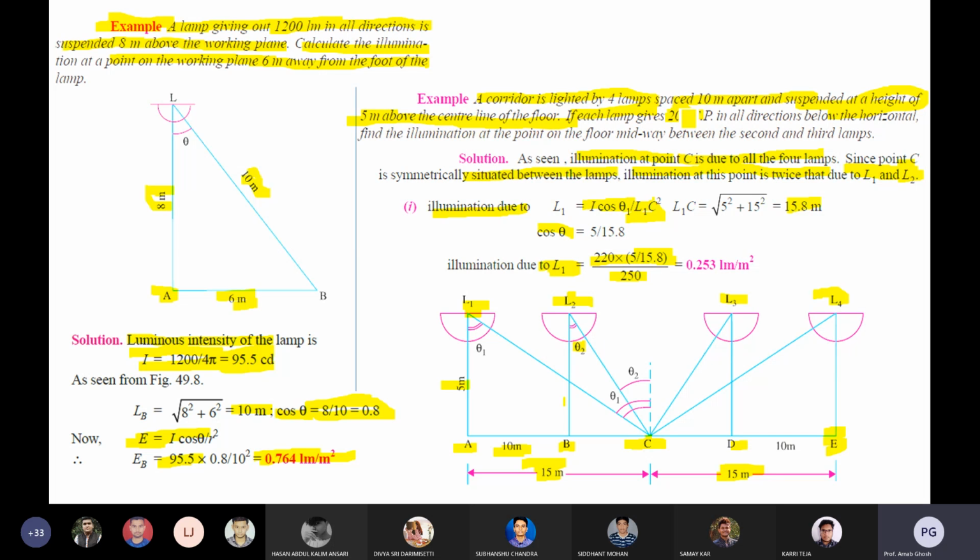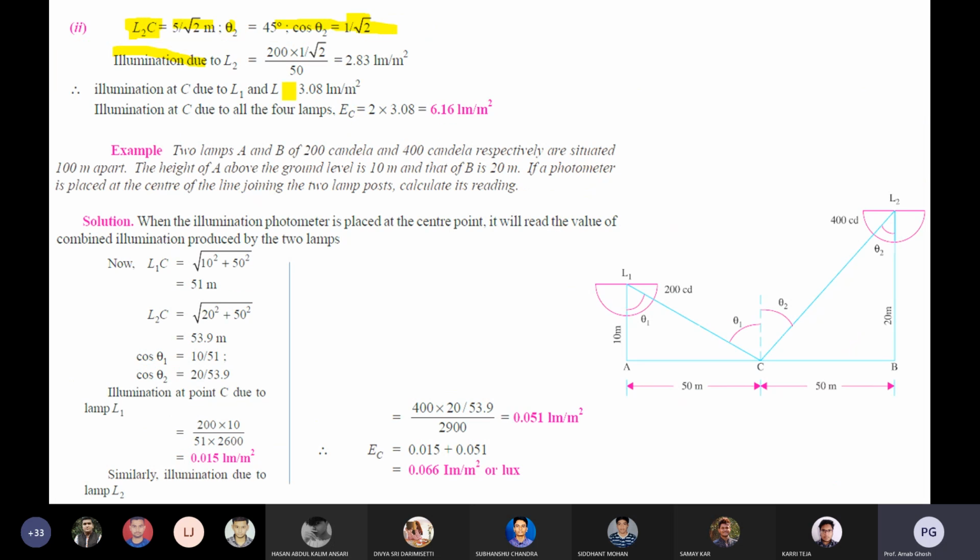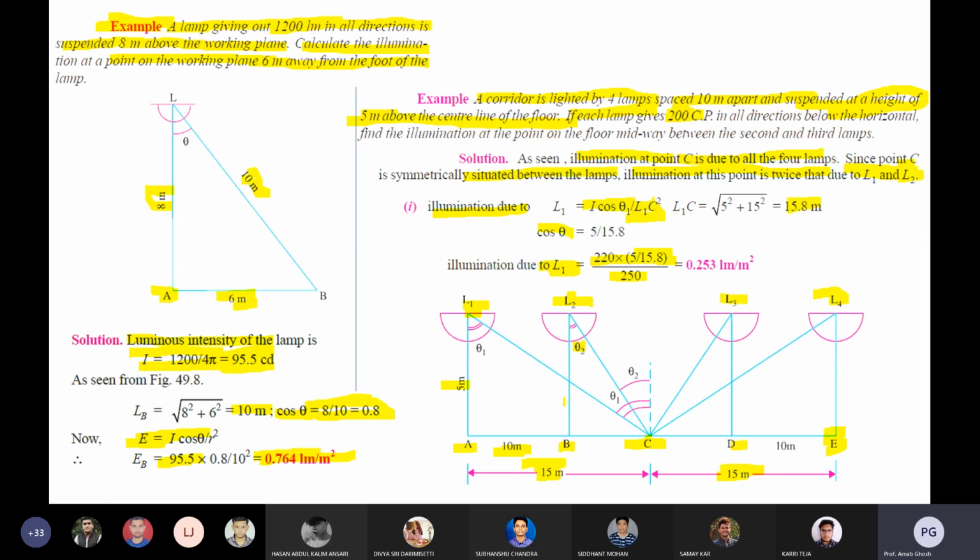And 5 meter above, and this is 200, that candle power is given. And the other one, the distance is how much? For LC1, you know that distance: this is 15, so the distance is 15 square plus 5 square.